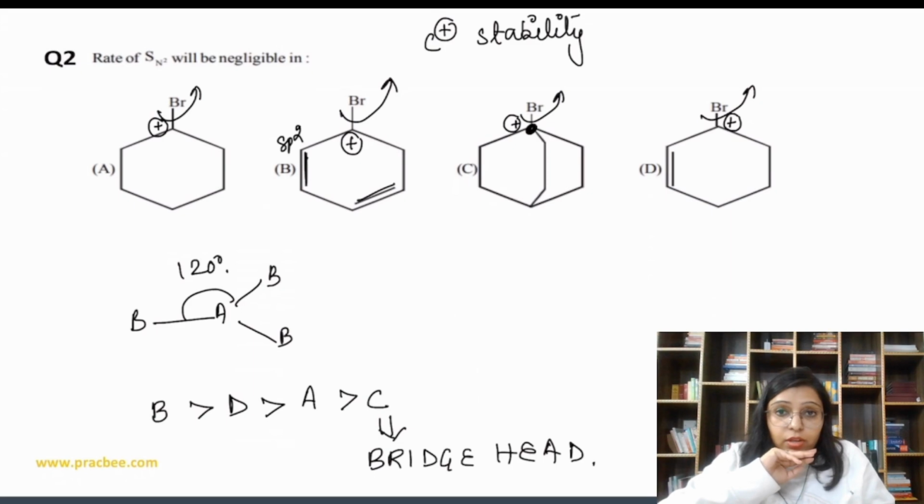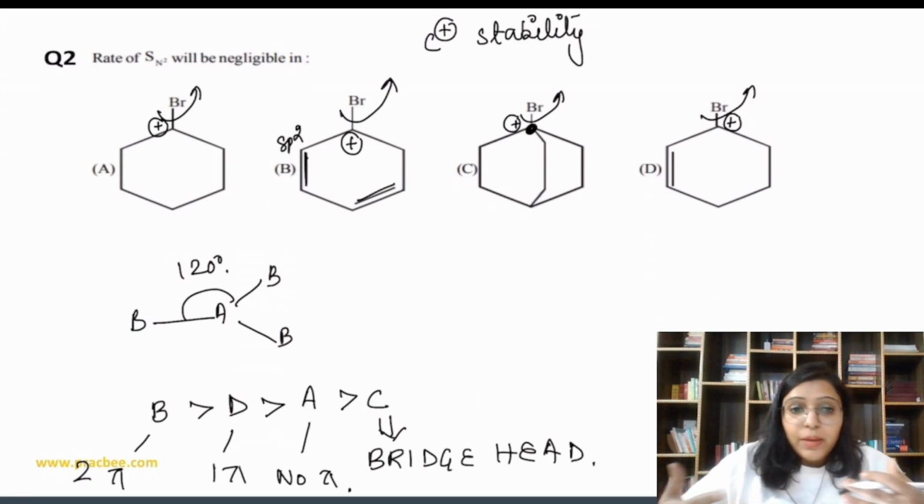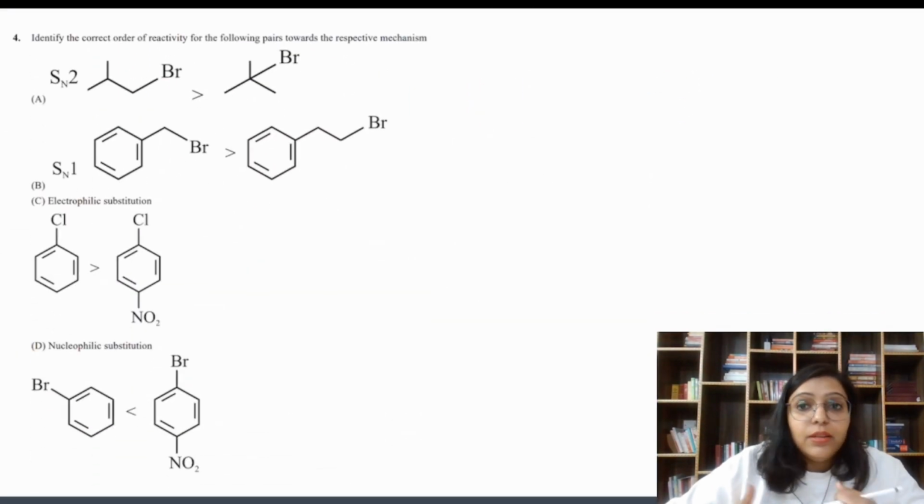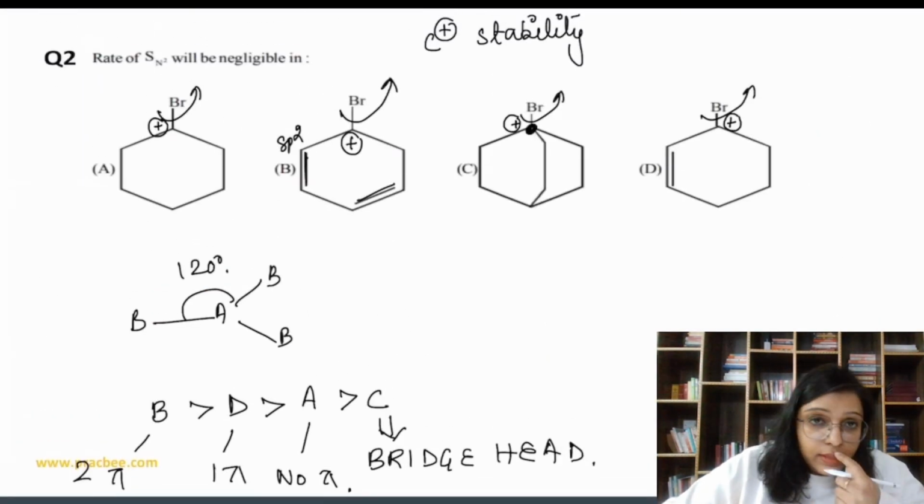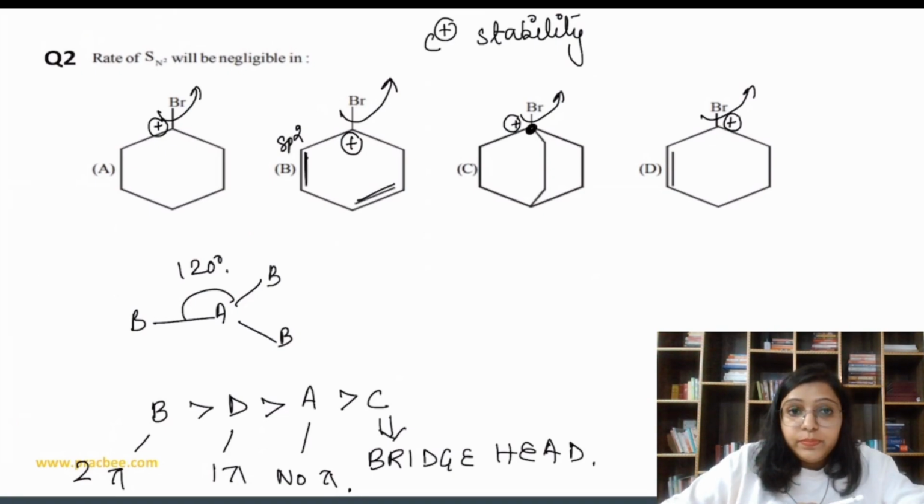Understood or not? In B we have 2 pi bonds, in D we have 1 pi bond, and in A no pi bond. So if there is a pi bond, it is sp2, so trigonal planar, the angle is more. If the angle is more, less steric hindrance is going to be there. So the answer is B, D, A, C.